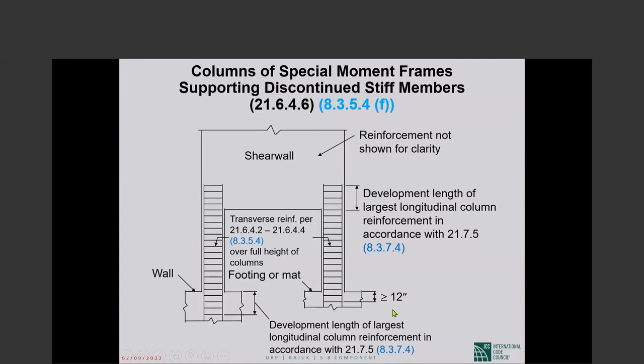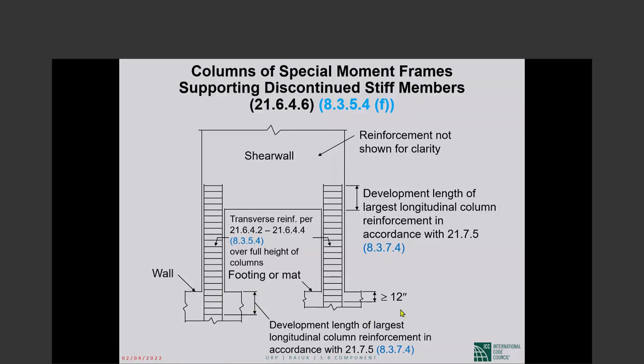And that reinforcement shall continue at least 12 inches into the footing. Or if the column sits on another structural member, the transverse reinforcement shall continue at least one development length of the largest longitudinal bar in that column.